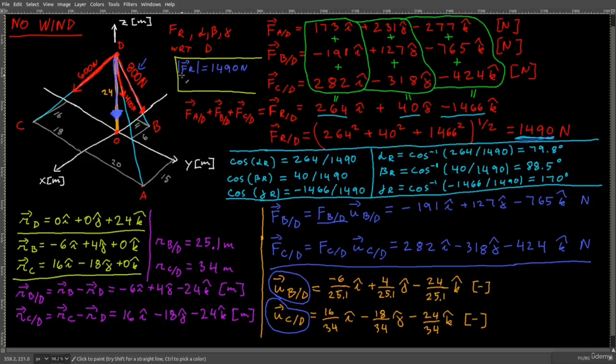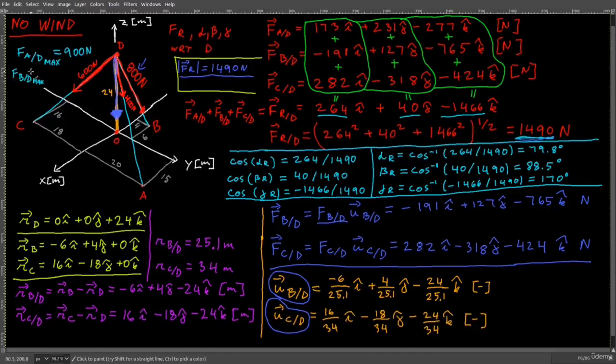And another information that I will give you is that each cable that you see in this image is only able to withstand 900 newtons of tension force, which means that this cable here, from D till A, the magnitude of Fa with respect to D, maximum that it can be, it's 900 newtons.